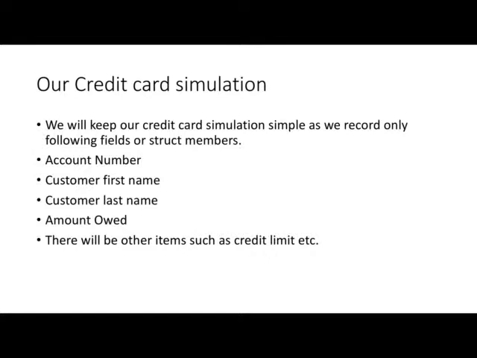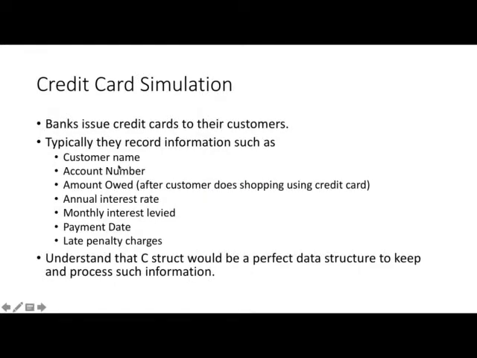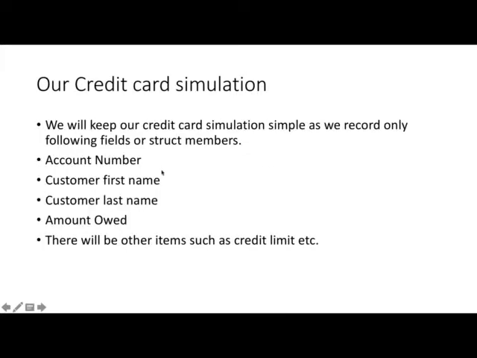So we're going to have only a limited number of fields and operations on the credit card. So fields will be just simply account number, customer's first name, last name, amount owed. And of course, in the previous slide I forgot, actually, I did have customer name. So account number, first name, last name, and amount owed. That's all I'm going to do to keep it small. And there'll be other items such as credit limit, etc.